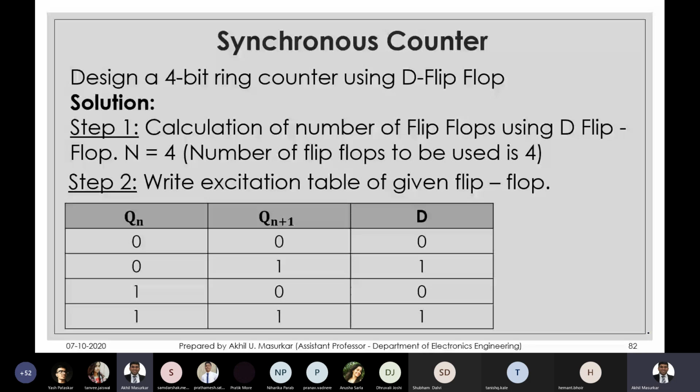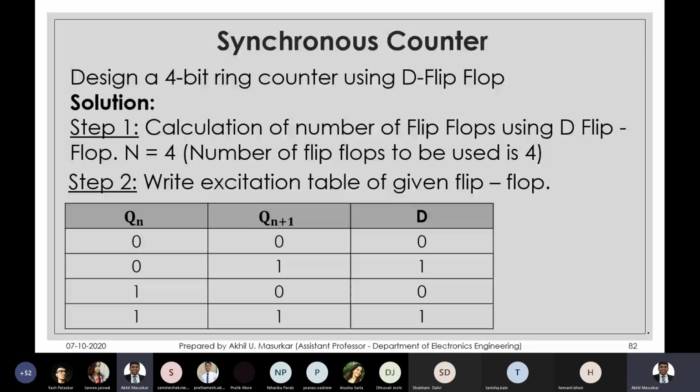So this kind of lighting is used at the end of the runway. So this combination is actually used there to indicate that this is the end of the runway. Okay, so note down, design a 4-bit ring counter.